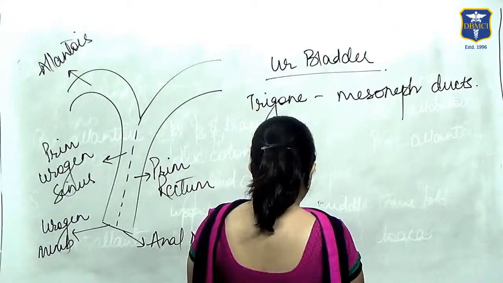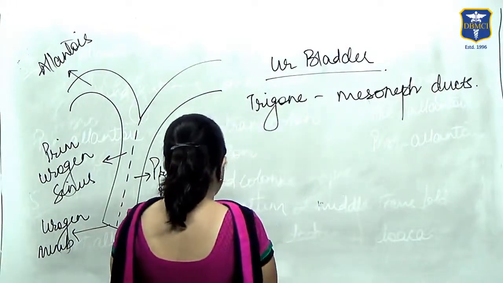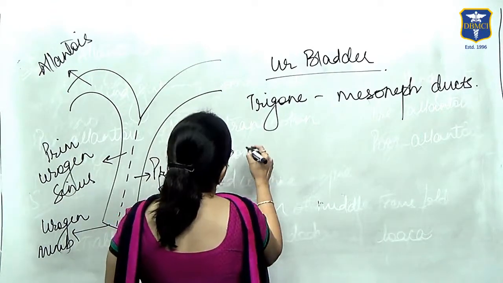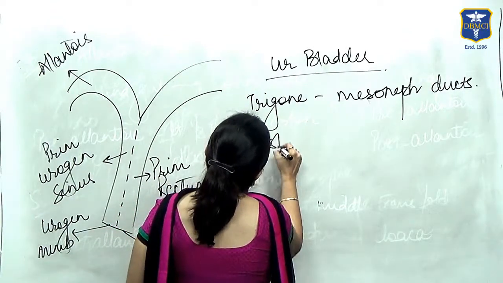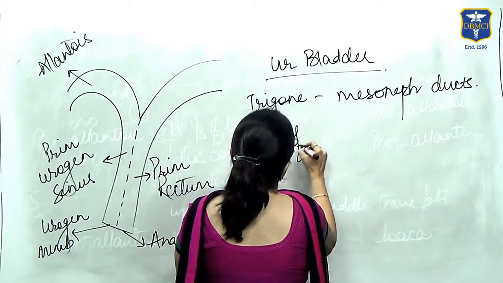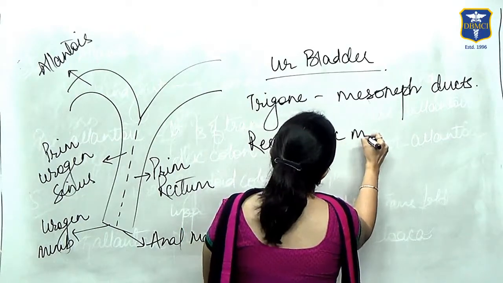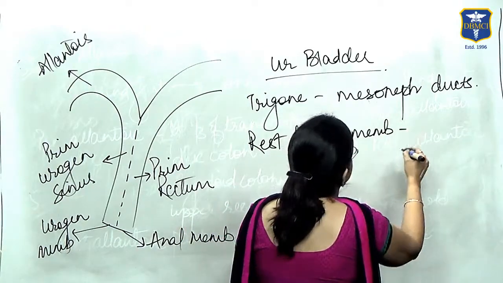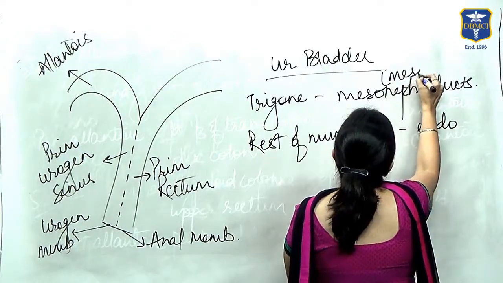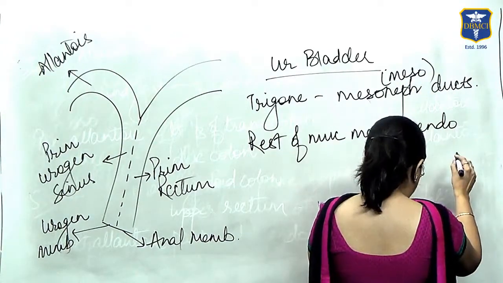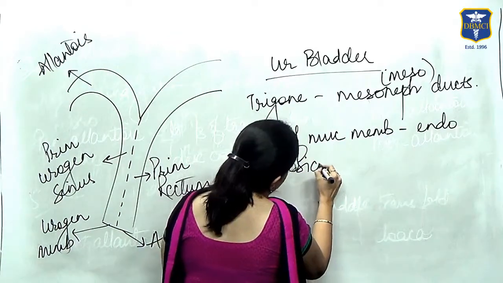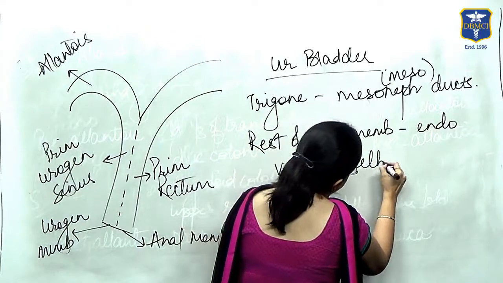The rest of the mucous membrane develops from the endodermal part of the vesico-urethral part of cloaca. This is mesoderm. This is endodermal part of vesico-urethral part of cloaca.